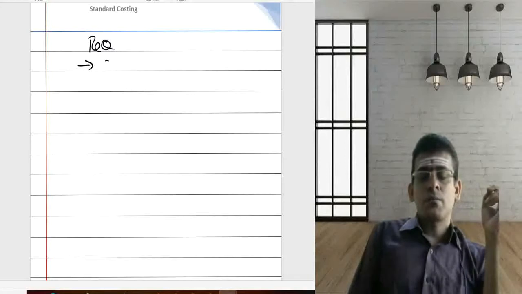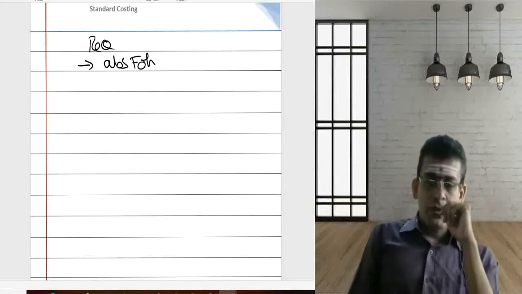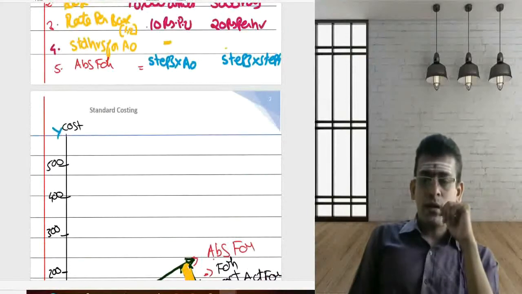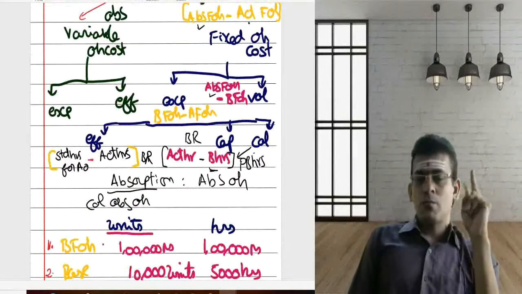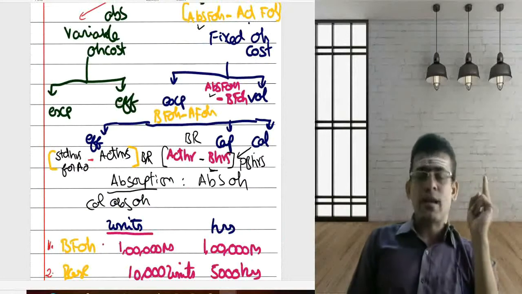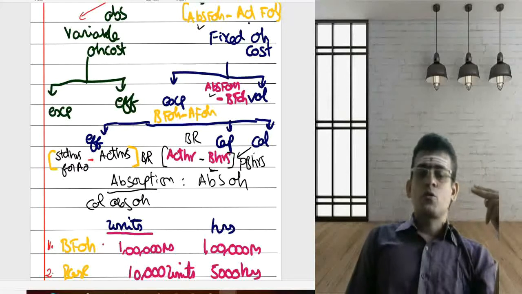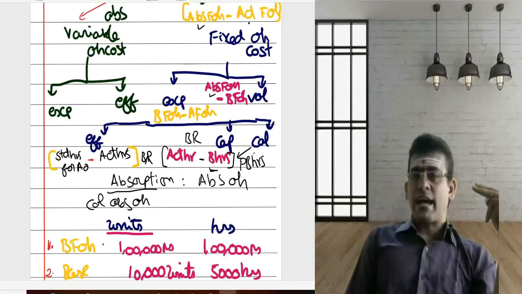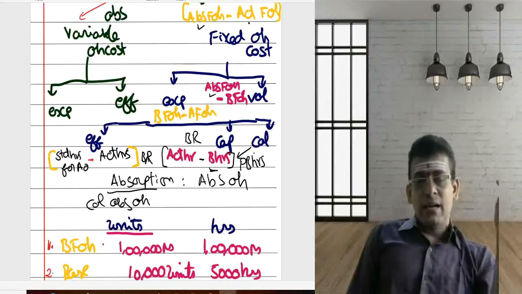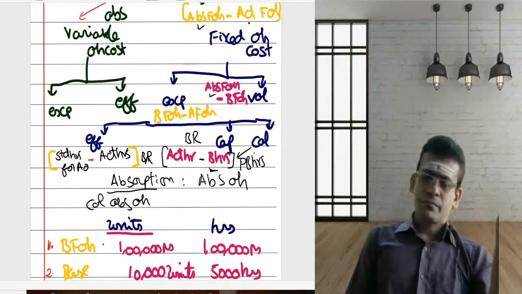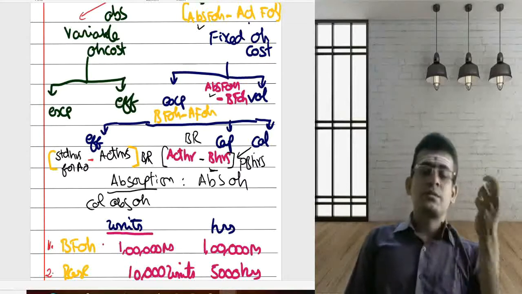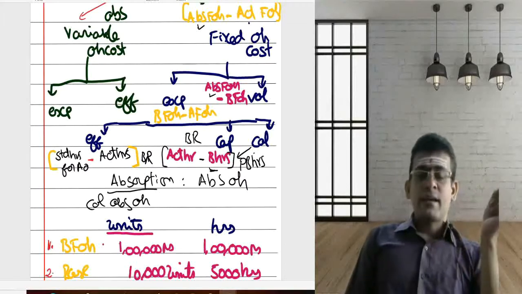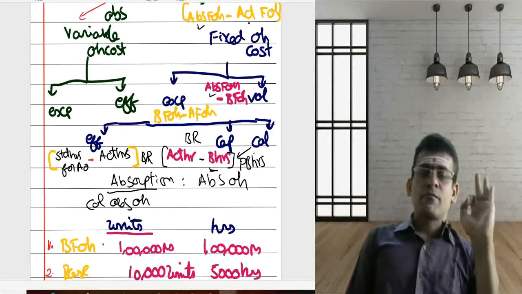You are supposed to calculate observed fixed overheads, because if you know observed fixed overheads, you can calculate your cost variance and your volume variance. Then you are supposed to calculate standard hours for actual output. If you calculate based upon hours, you are directly calculating there. If you are calculating based upon units, you need to calculate separately. If I calculate standard hours for actual output, I can find out my efficiency.